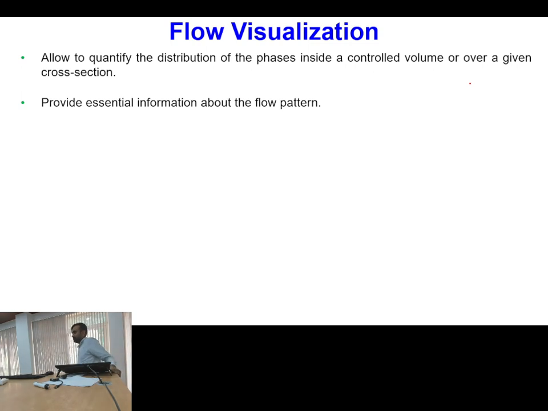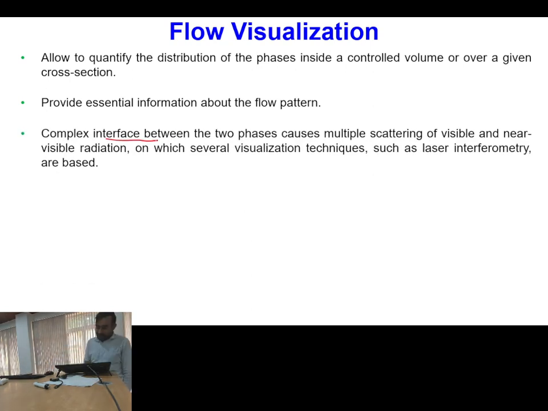For the same void fraction you can have multiple flow patterns, so knowledge of flow pattern or distribution of phases is very important if we need to determine interfacial mass transfer, heat transfer or any interfacial chemical reaction taking place.